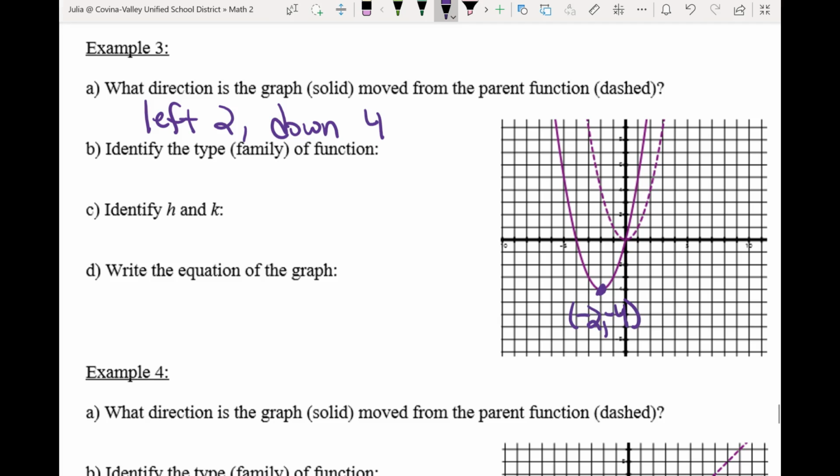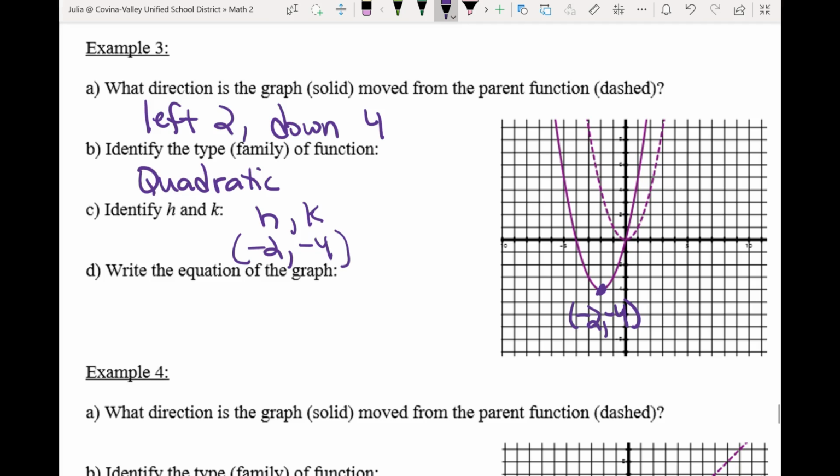Everything is connected together. All right, I just used the word parabola, but also looking at that shape, which family are we with? Quadratic family, good. That means we're going to use the formula or the equation that has the squared in it. Okay, so in this case, what's H? -2, and K is? -4.